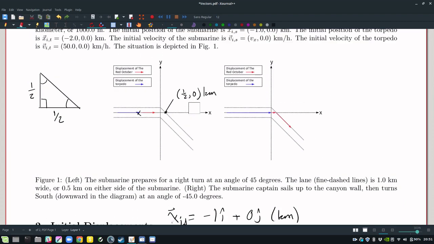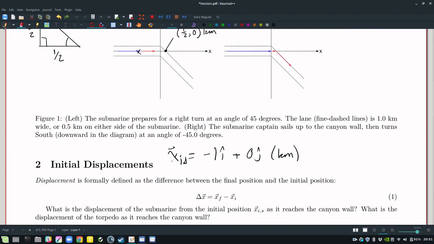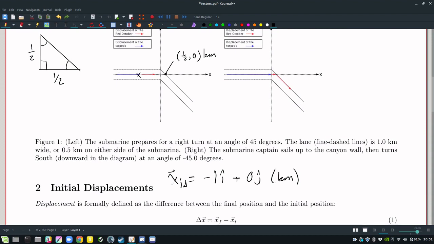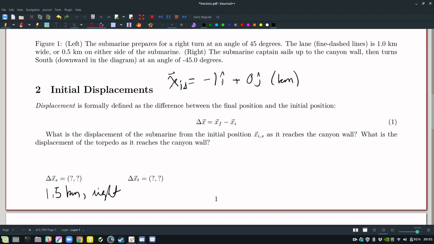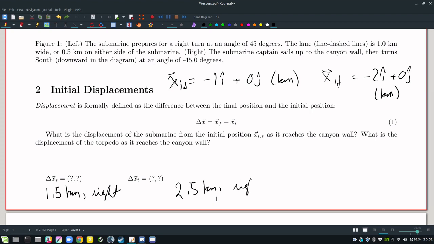Well, by the same logic, the torpedo, although it starts from a different place, it winds up here, so that's the final position of the torpedo. The initial position of the torpedo is -2 i plus 0 j, and those units are in kilometers. So by the same logic, we do the subtraction and we get 2.5 kilometers to the right.